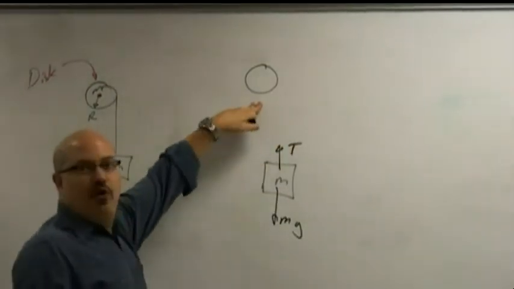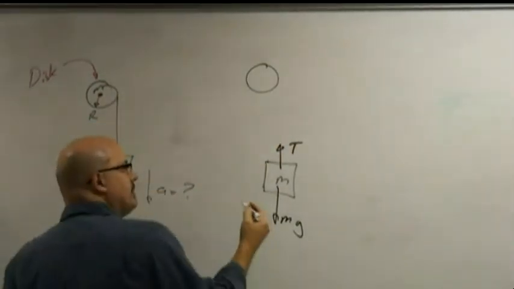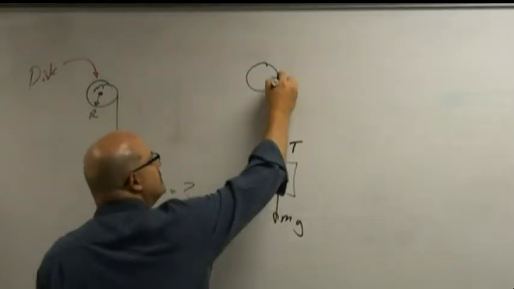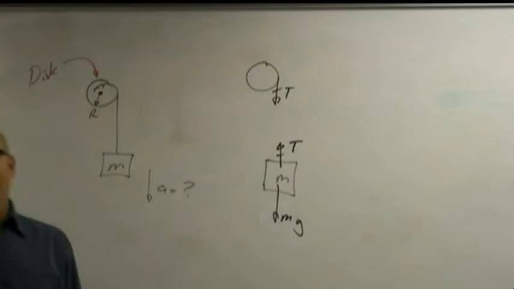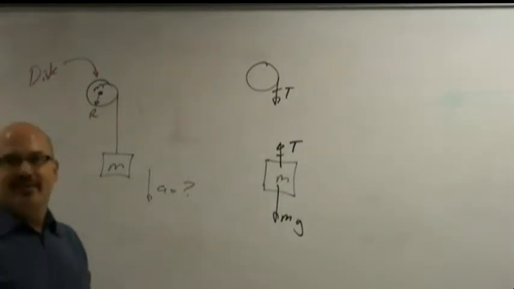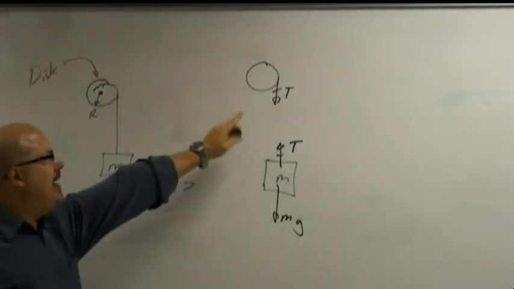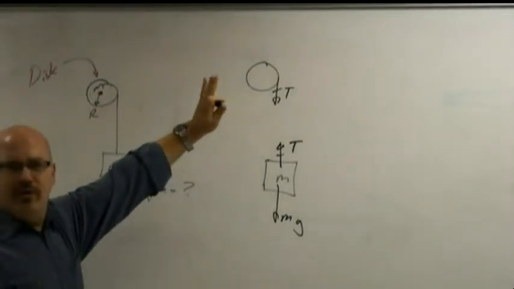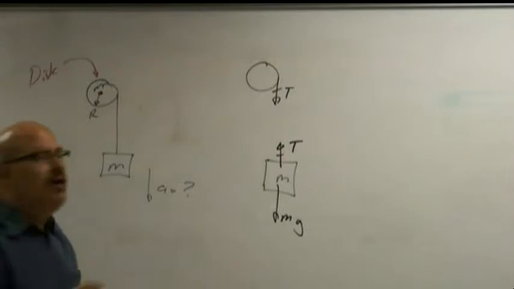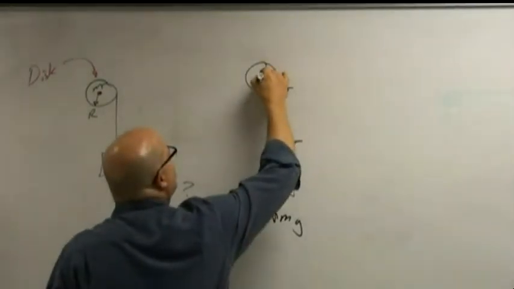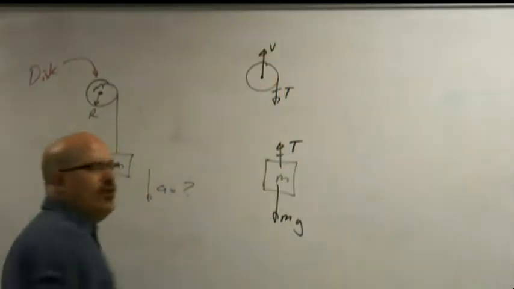All right, up here, how many forces? This time the pulley has mass. Wait a minute. There has to be another force, or otherwise this pulley's in free fall. There is a vertical force from here upward. How big is that vertical force upward?